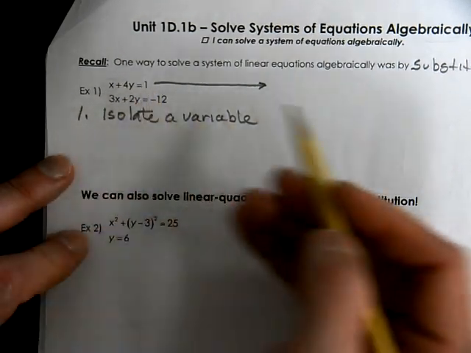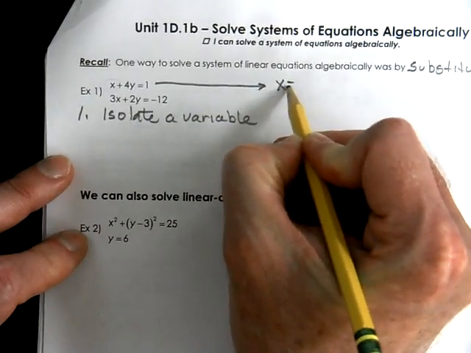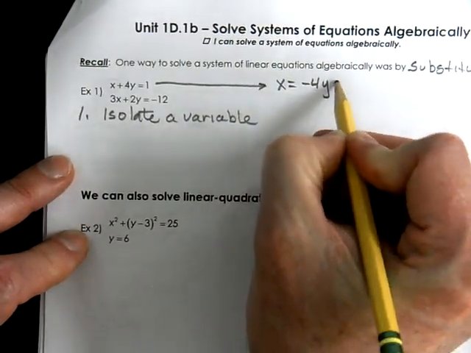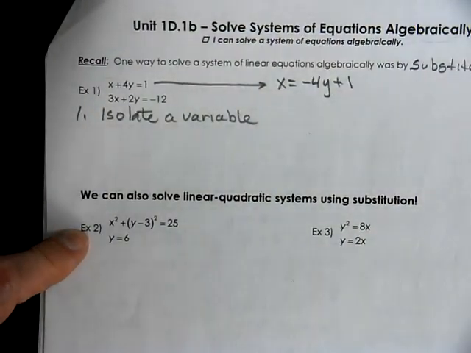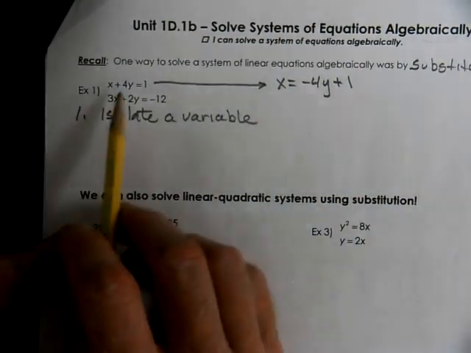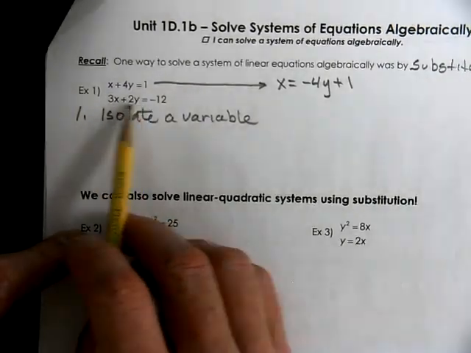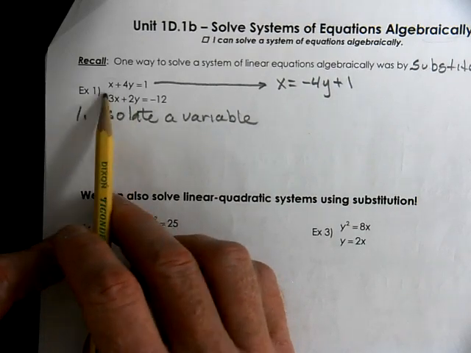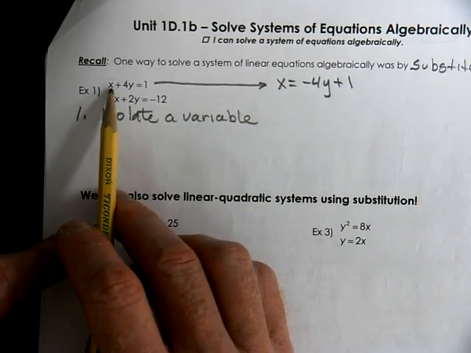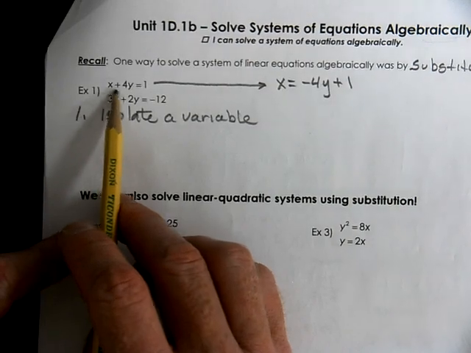I'm just going to move the 4y to the other side. And that isolated the variable. It'd be a little bit more complicated down here. You'd have subtracting and dividing to do. So that's why that was the best variable to solve for. But your choice, it doesn't matter.